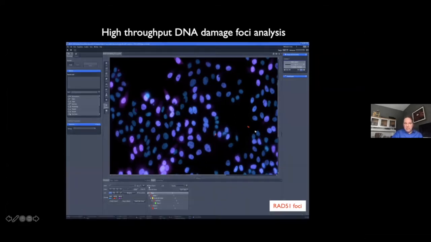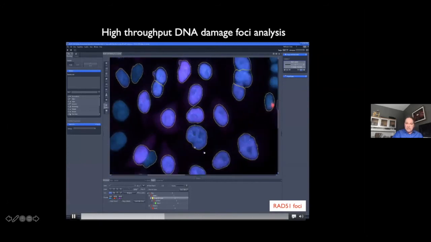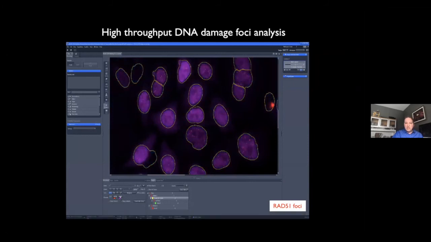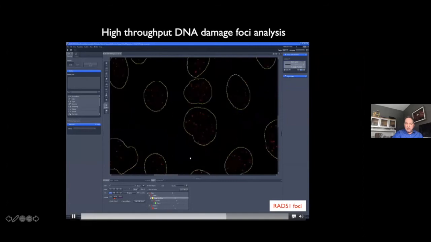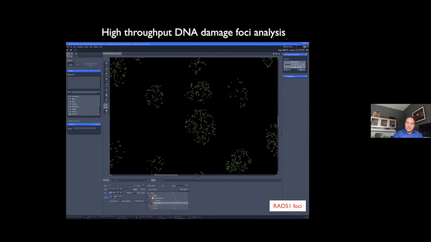Here we can specifically identify S/G2 cells using a cyclin A marker. You can see that here. And then we can look specifically at RAD51 foci formation, and these are in red here. And we can count the number of foci which are produced. This speeds up a lot our research, because now we can do that on many variants, and this will be important for the last part of the talk.